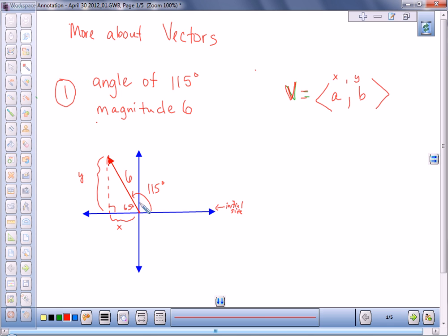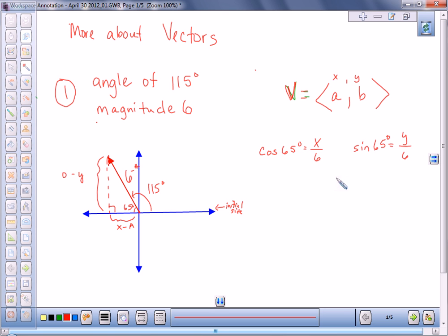Now, to find x, we should note that x is the adjacent side of this triangle when looking at the 65 degrees, y is the opposite, and the 6 is the hypotenuse. So we can find x simply by doing cosine of 65 is equal to x over the hypotenuse of 6. And we can find our y by doing sine of 65 because y is the opposite side.